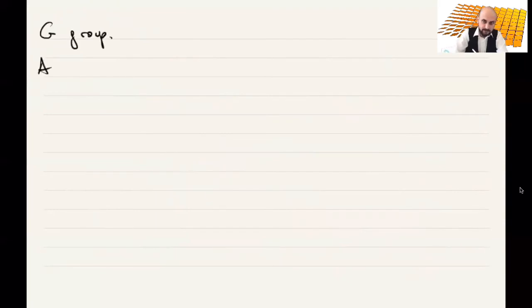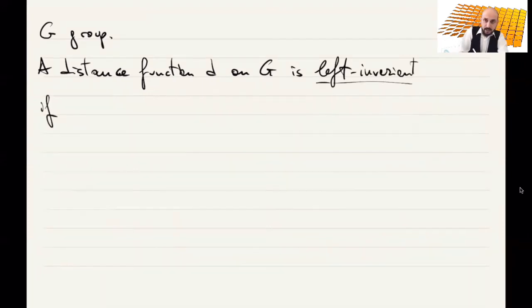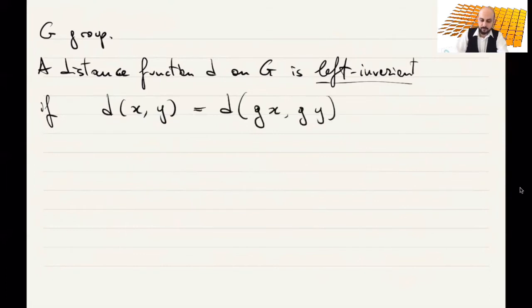Then we say that a distance function, let's call it d, on G is left invariant if whenever you take two points and you translate them by multiplying on the left by an element, then you get the same distance. This is for all x, y, g elements of the group.